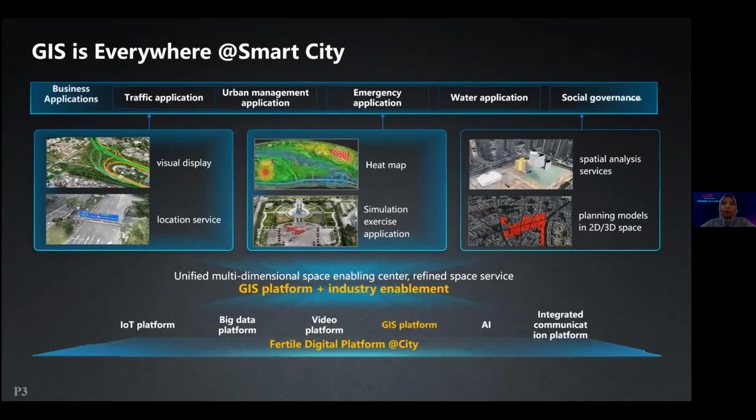GIS can perform visual display, location surface, heat map, and simulation exercise applications, spatial analysis, and planning models in 2D and 3D space. And those functionalities could be the features of smart city applications. For example, business applications, traffic applications, urban management applications, emergency applications, and also water applications, and also social governance.